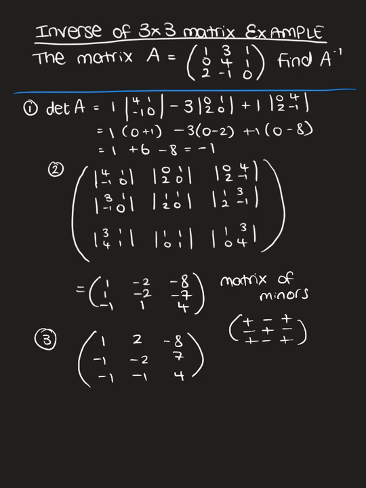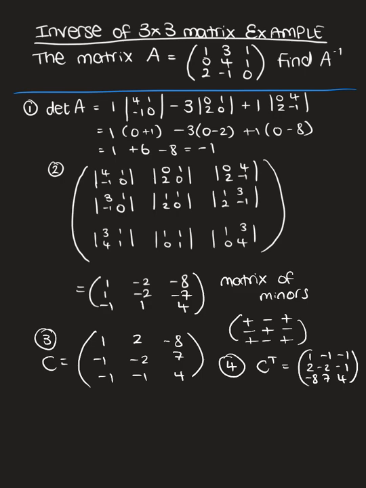So they'll all alternate. And then for the fourth step, I'm going to squeeze this in over here. If that's C, we had to find C transpose. We had to transpose it. So if I transpose this, I'm going to get 1, minus 1, minus 1, 2, minus 2, minus 1, minus 8, 7, 4.